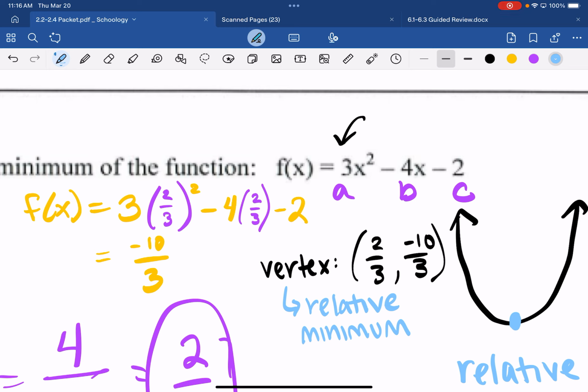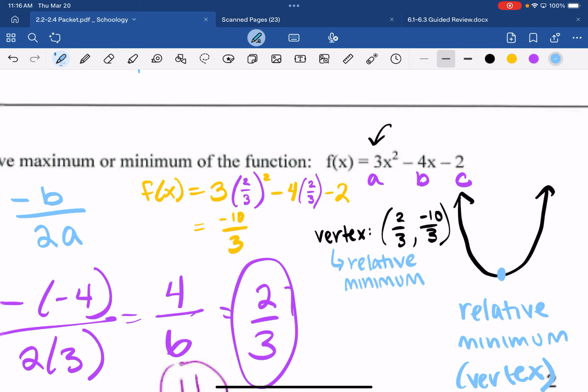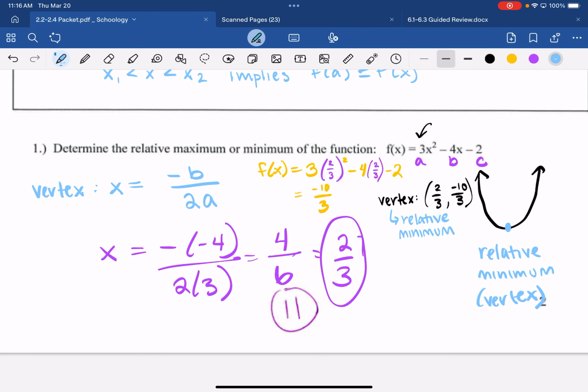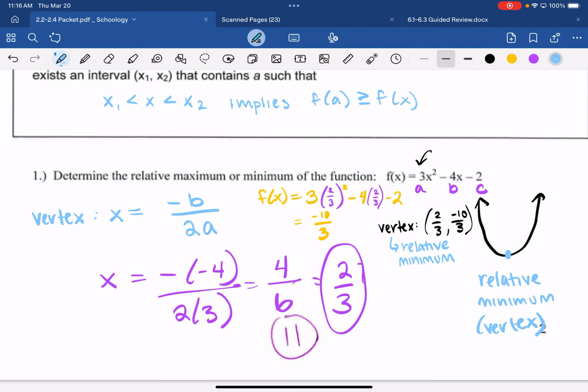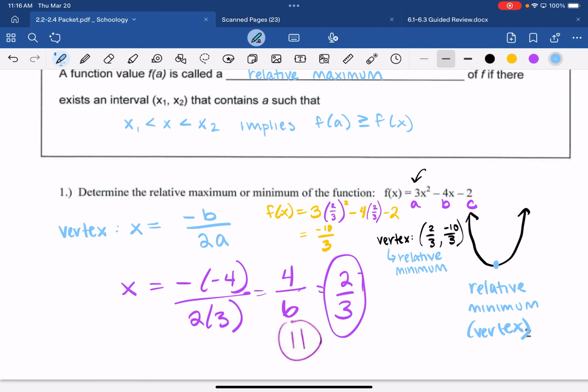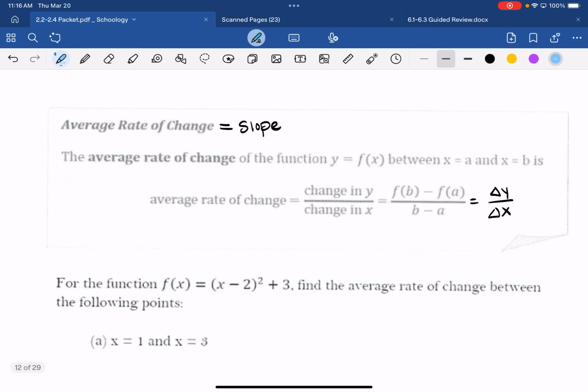So if I were to ask you where there is a minimum, you say there's a minimum at, and then tell me that vertex. Or you could just label it like this, okay? All right, any questions on that one, finding our max or min? All right, that was from Algebra 2, so that should be kind of a review.